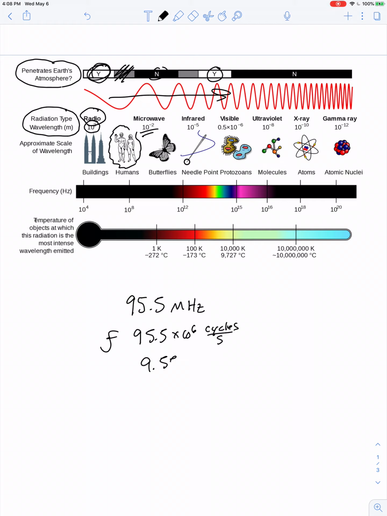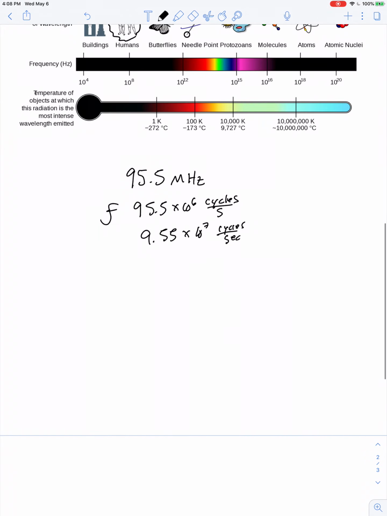That's 9.55 times 10 to the 7th cycles per second. Well, there's an equation that relates speed, frequency, and wavelength. Actually, we should call it c since we're talking about light. So all waves, their speed is equal to the product of their frequency and wavelength. For light waves, we call this speed c. This means wavelength is equal to speed divided by frequency.